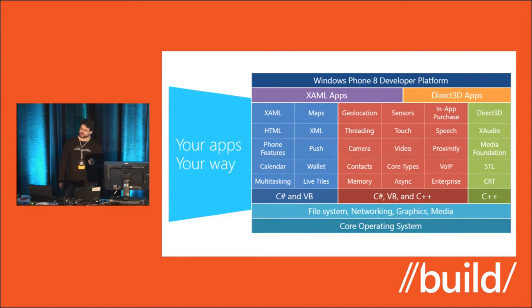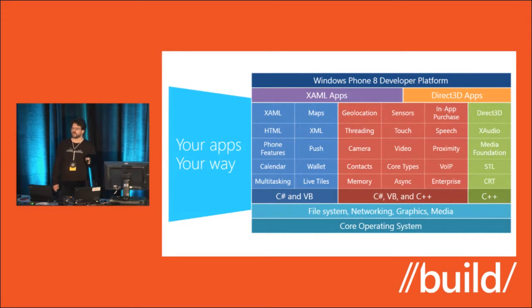Diving a little deeper, I want to show you what this looks like in terms of laying out the API against features and the languages you can use to code against them. So on the far left, we have the .NET API, and there you can use C# and VB. And in the center, we have Windows Runtime API. And again, you can code against these in C#, VB, C++.